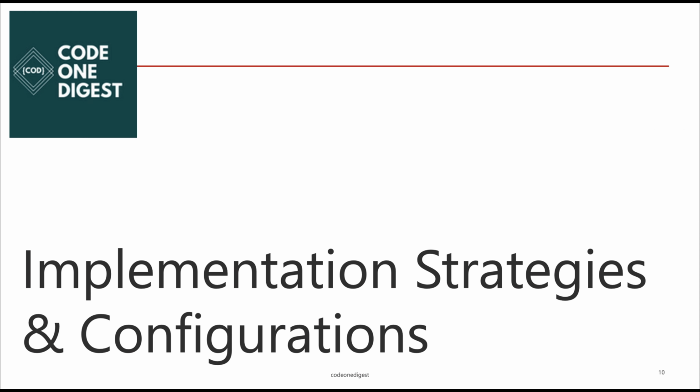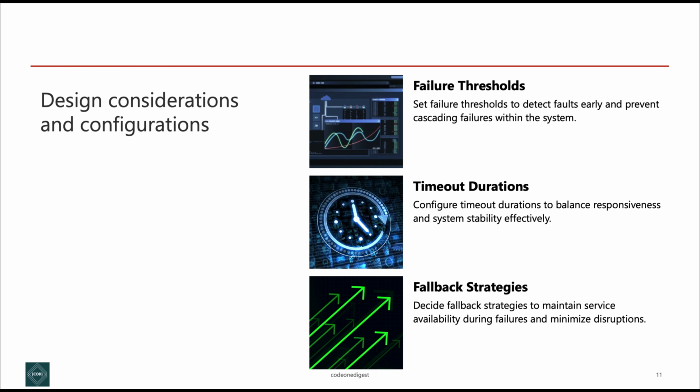So what are the implementation strategies and configuration parameters we have in circuit breaker pattern? These are some design considerations and configuration we have in circuit breaker pattern. As I said, we have a failure based threshold. This tells us when to trip our circuit breaker: after 50% of failure, after 80% of failure, or after 20% of failure, so that we can configure.